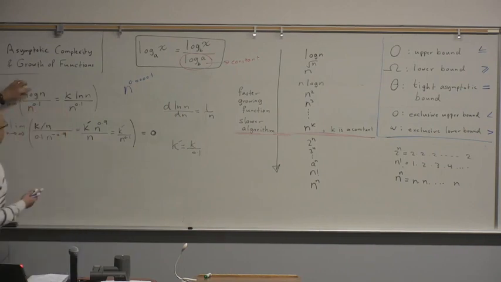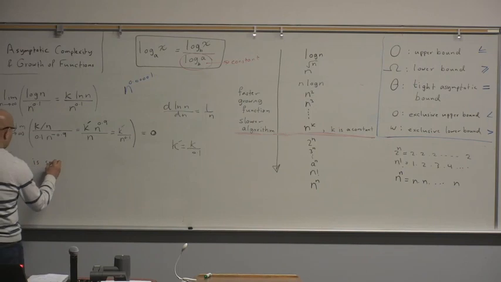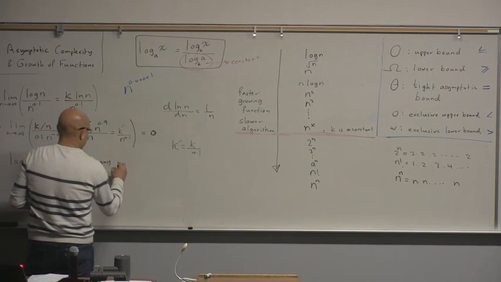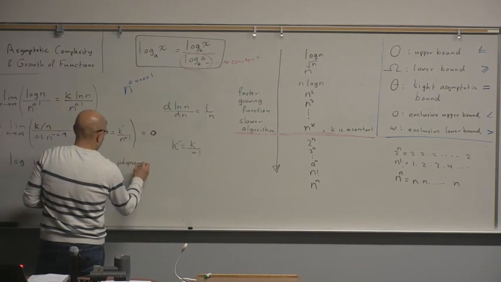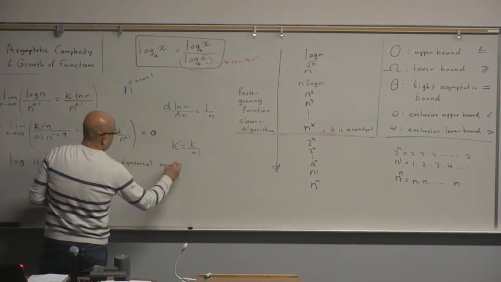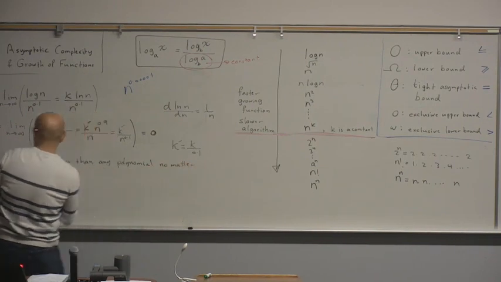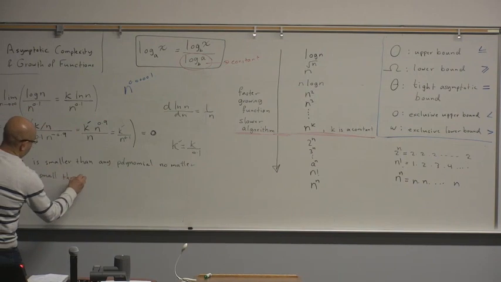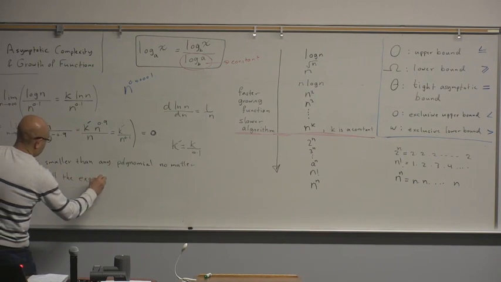So in conclusion, log is smaller than any polynomial, no matter how small the exponent is.